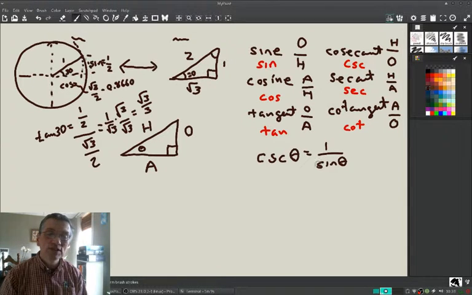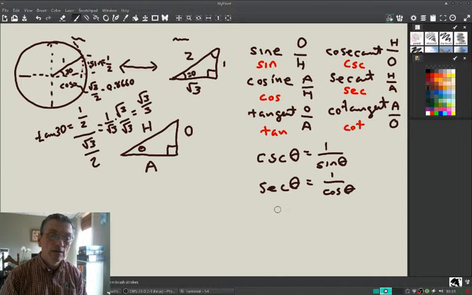Remember that the cosecant goes with sine. It's not as you would expect. The co's do not go together. Secant theta is 1 over cosine of theta. And cotangent is 1 over tangent of theta.